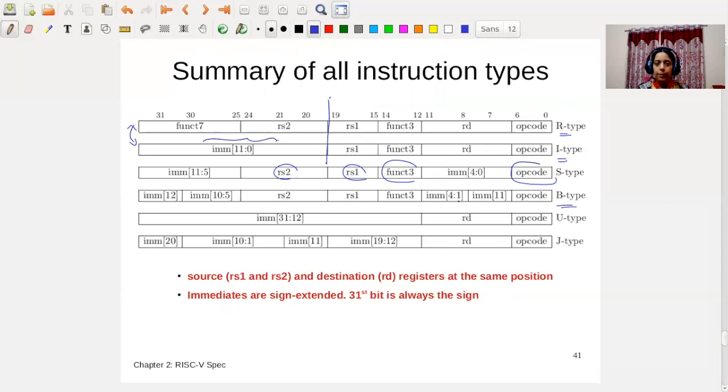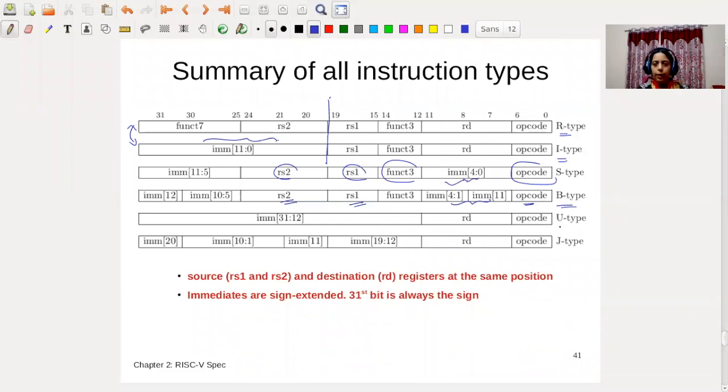Then the B type is a little strange, but then they again have very consistent formats with RS2, RS1, and the opcode. There is also a consistency with respect to the immediate field here. There is a 5-bit immediate here in the B type, and that is similar to the S type.